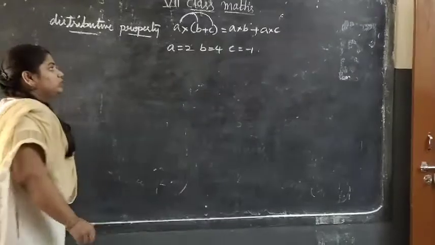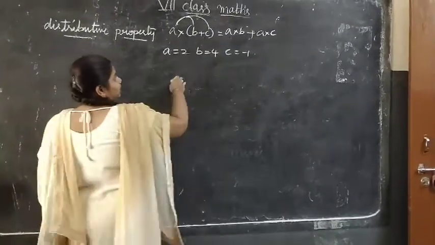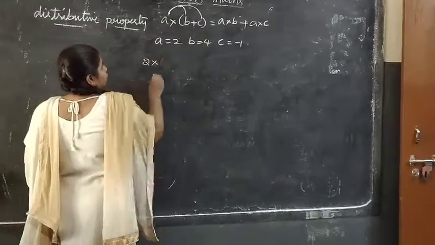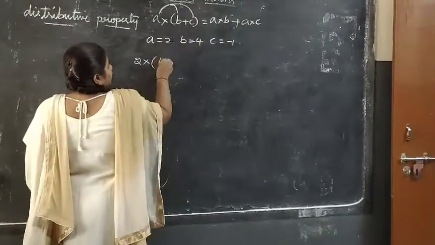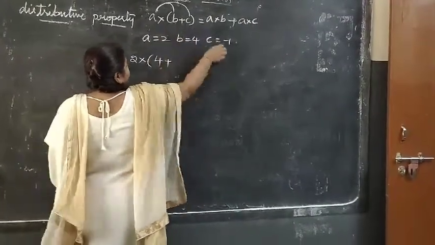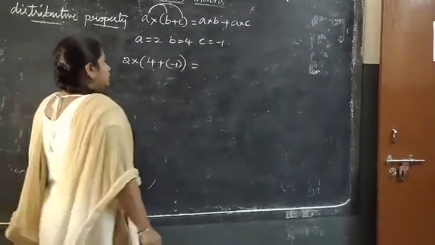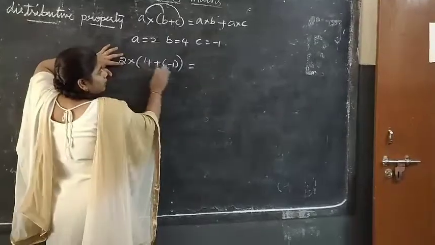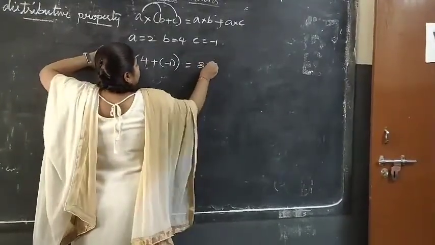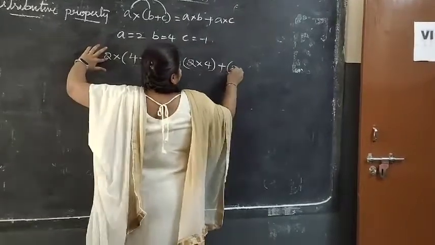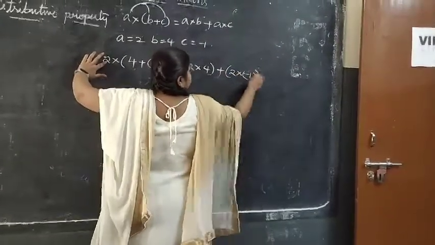Minus 1. Now you substitute in both the parts, it is LHS part and RHS part. What is the A value? 2 into B value is 4 plus C value is minus 1 is equals to, write the RHS part. With this 2 you have to multiply both the terms. That is 2 into 4 plus 2 into minus 1.